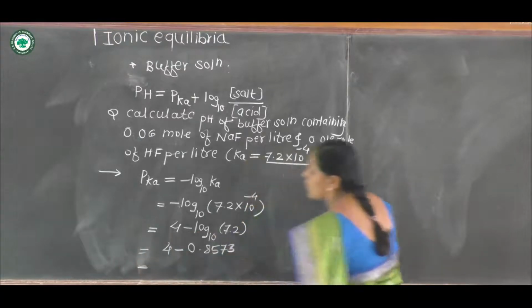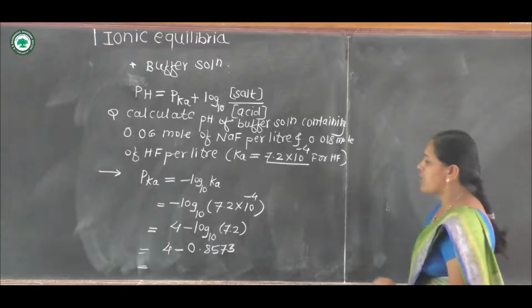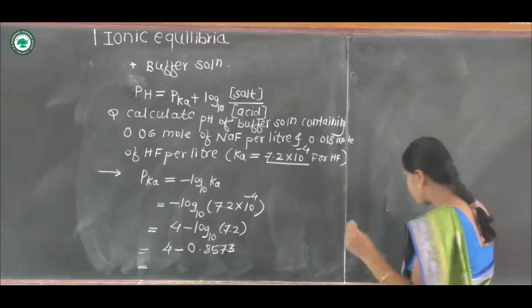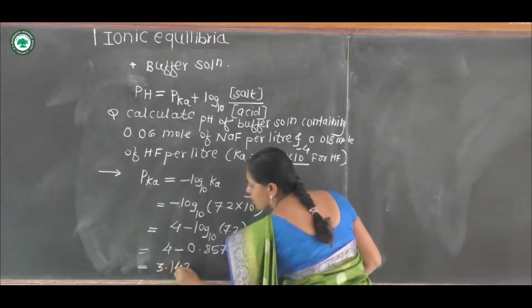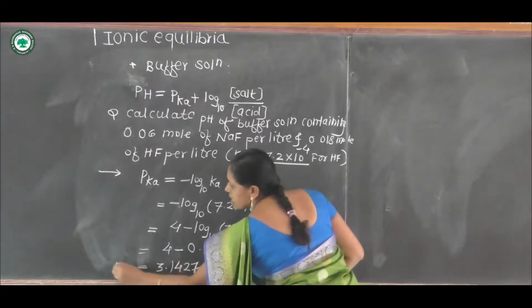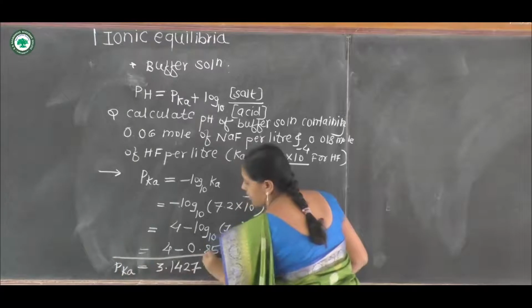By calculating 4 minus 0.8573, it becomes equal to 3.1427. This is the pKa.